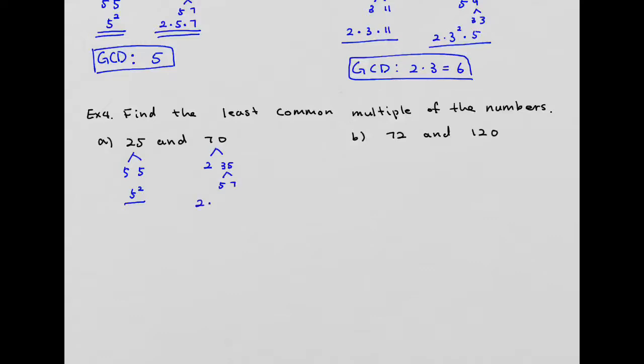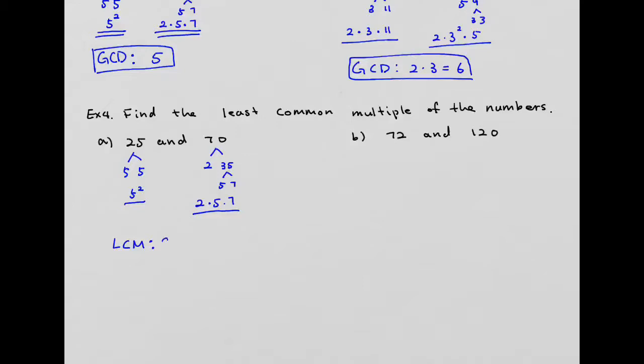It will be 2 times 5 times 7. When you're finding the least common multiple, you use all the prime numbers, whereas for the greatest common divisor you use the common values. Here, you use all the factors.